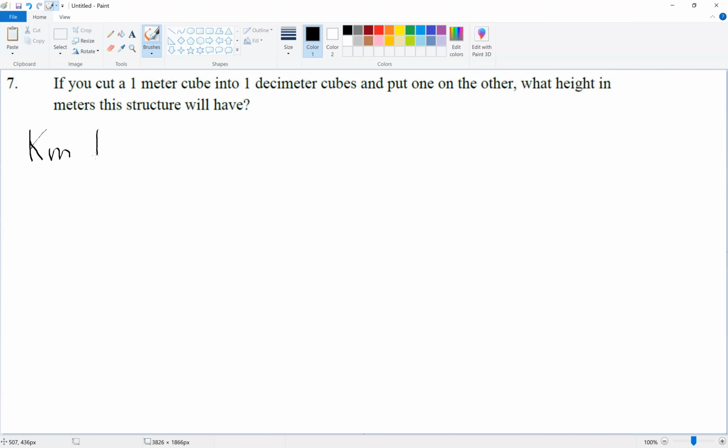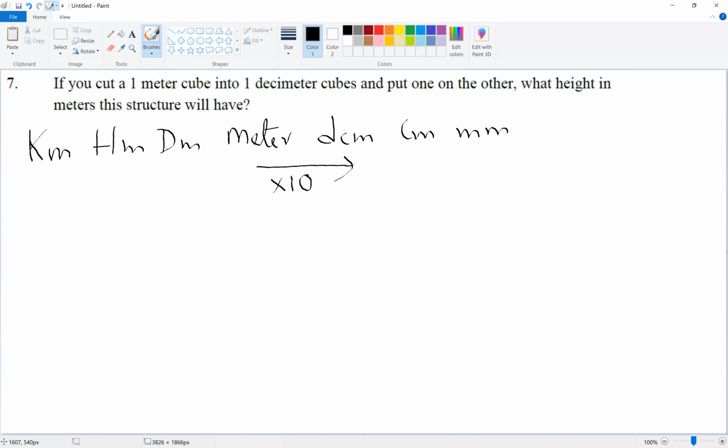Kilometer, hectometer, decameter, meter, then decimeter, centimeter, and then millimeter. So from meter to decimeter, it's multiplied by 10. So 1 meter is 10 decimeters. Do you get it? Yeah.